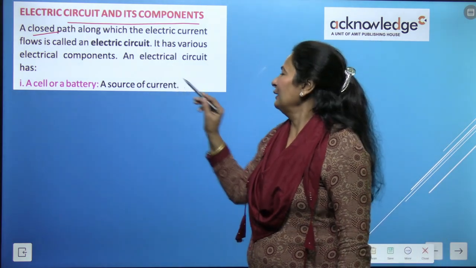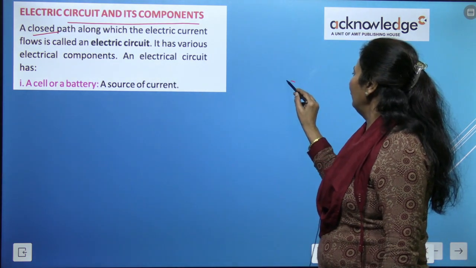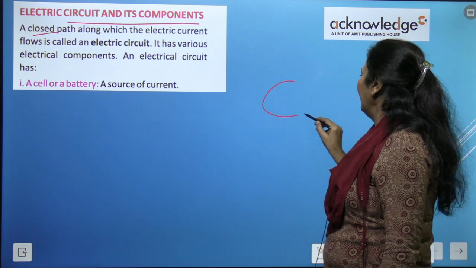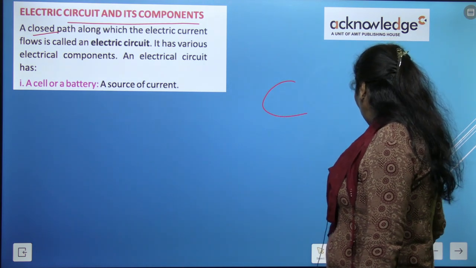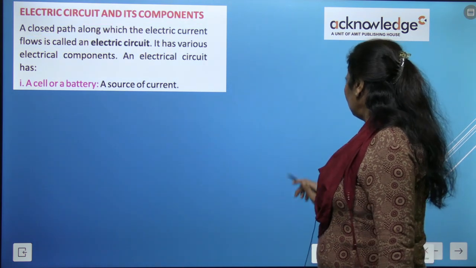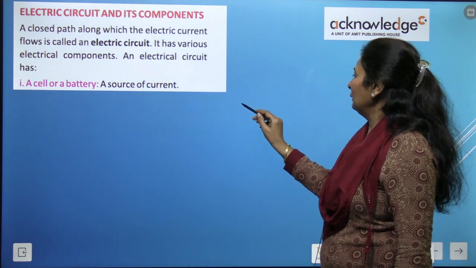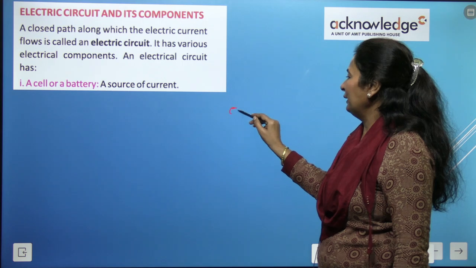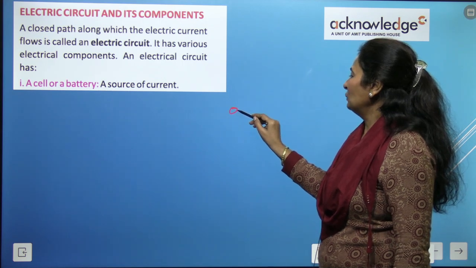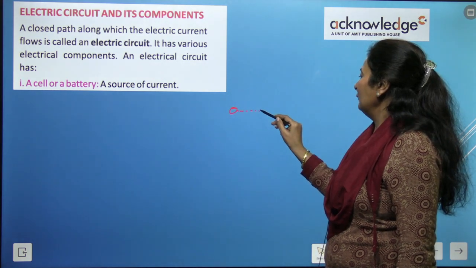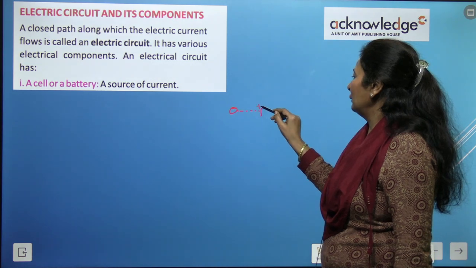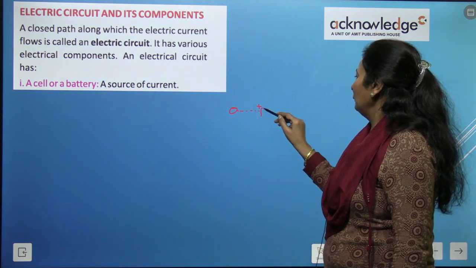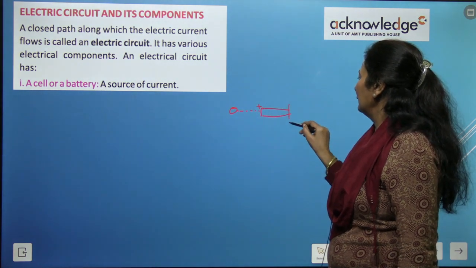So closed path, you can understand very simply. I'll show you in a straight line. The bulb is here, as it was in the torch, where electricity was flowing, so there was the positive terminal. Again one more battery was placed.